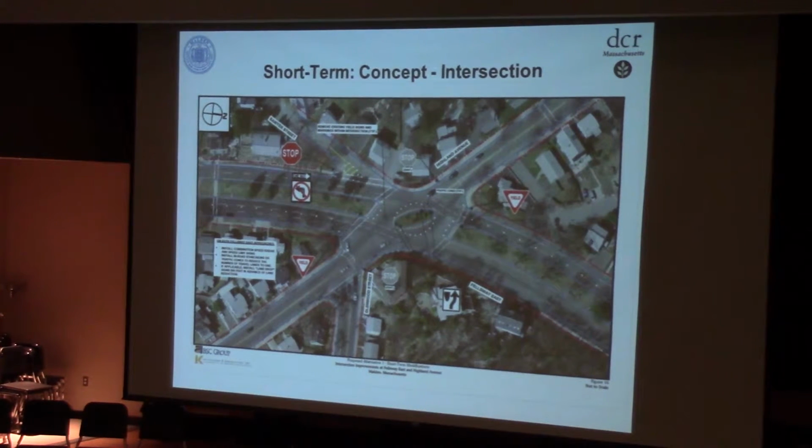The initial study looked at starting an improvement of the geometry, maybe making this more of a circle, bringing the median in a little bit here and a little bit here, and then it looked at testing a one-lane approach in each direction on the Fellsway. Based on the traffic data and it acting as a roundabout, the study proposed putting some traffic cones out and seeing how it would operate with the one lane and similar to a roundabout configuration.